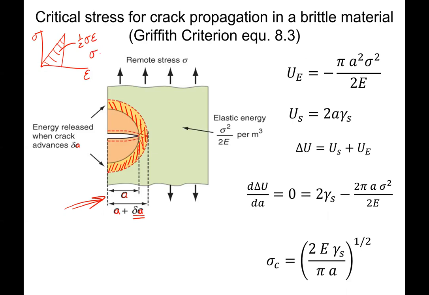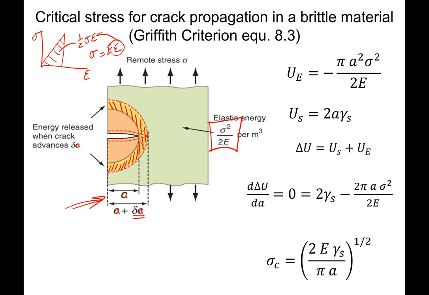And then we know that the stress is equal to the elastic modulus times the strain. So if you substitute in for the strain here, then you'll get the elastic energy is equal to the stress squared over 2 times the elastic modulus. And that's an energy density, an energy per volume.